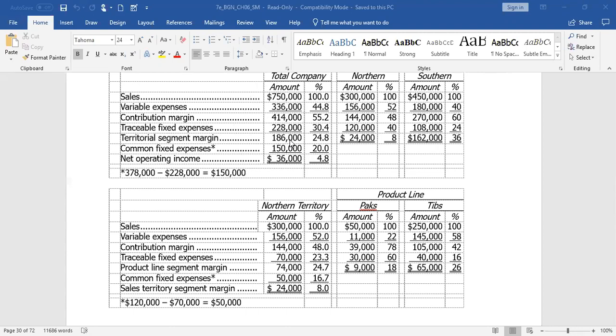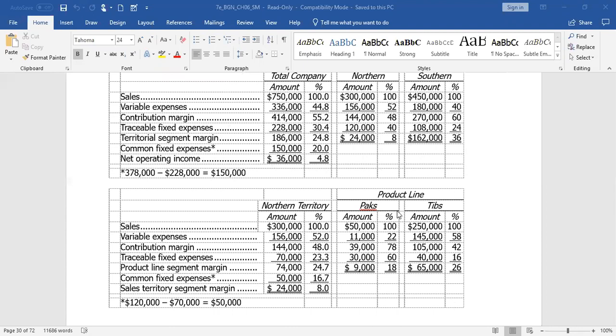Territorial segment margin, 186,000 divided by 750, 24.8. Common fixed expenses of 150 divided by 750, 20%. And then finally, your net operating income of 36,000 divided by 750,000, 4.8. So that is how you come up with those percentages for each of these.